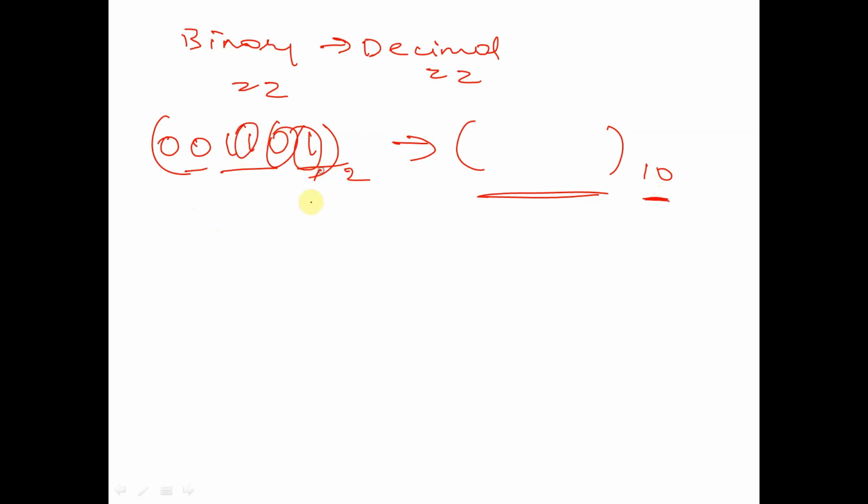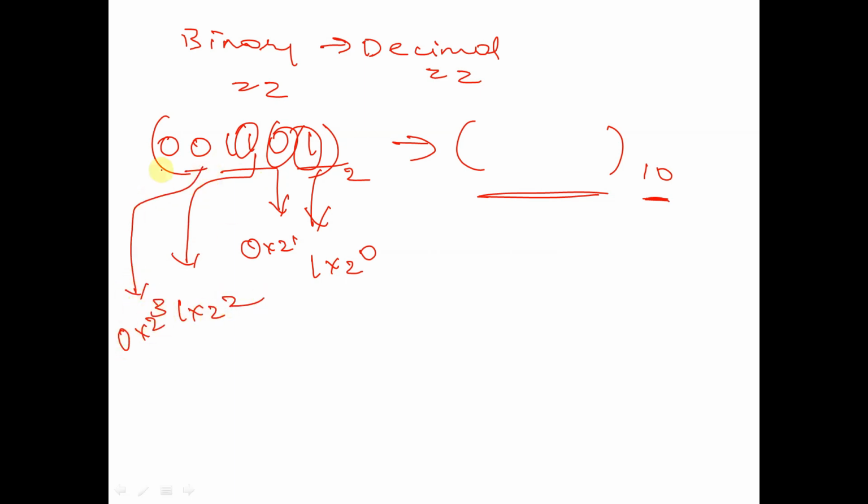Here 1 into 2 power 0, then 0 into 2 power 1, then 1 into 2 power 2, then 0 into 2 power 3, and 0 into 2 power 4. So if we add the weights of individual digits, it will be 1 plus 0 into 2 power 1 is 0, plus 1 into 2 square is 4, and all the rest are 0. So it will be equal to 5.